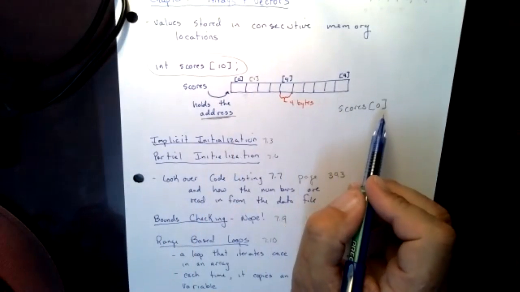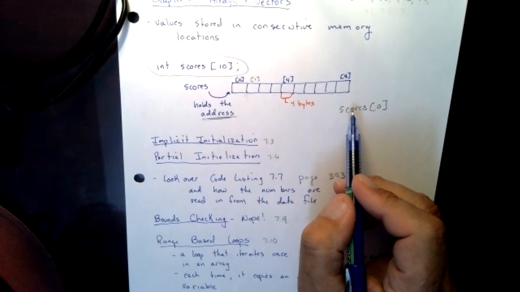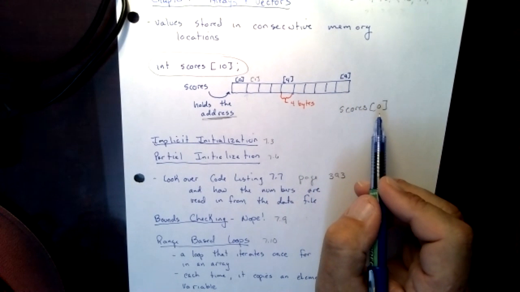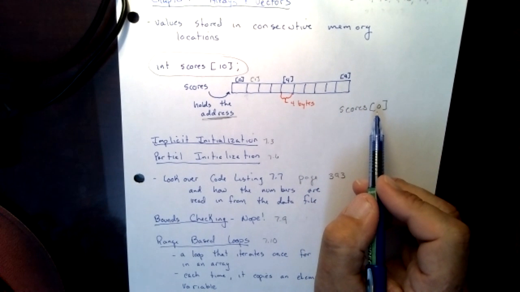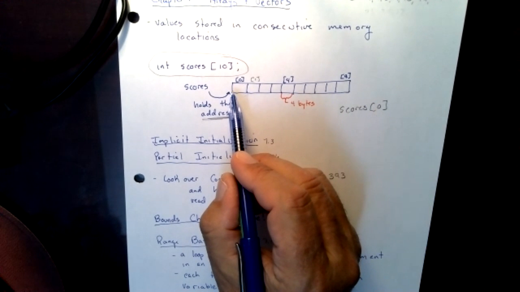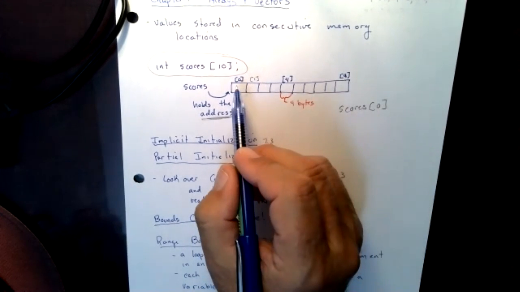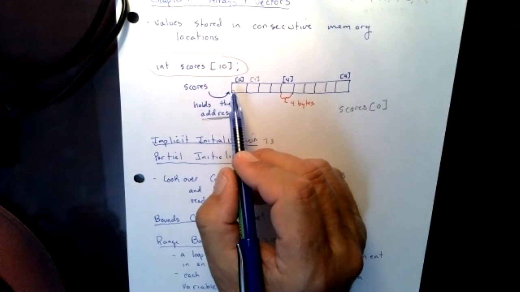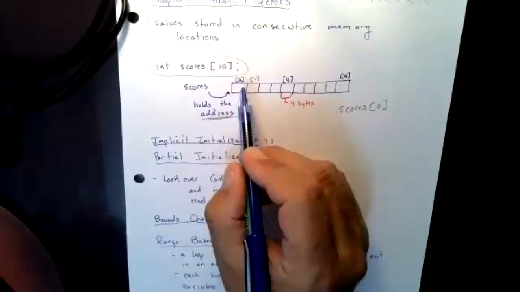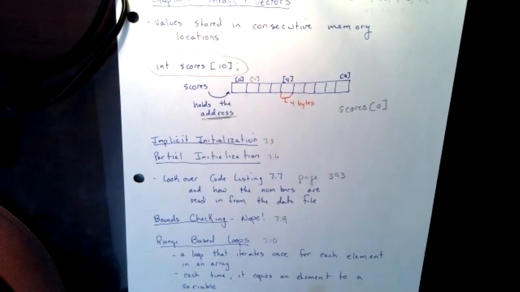When I say scores sub 0, the way to think of this now is I'm going to go to memory location scores and move over 0 times 4 bytes. So it sticks me right at this memory location. If I said scores sub 5, it would move over from the original memory location 5 times 4, it would move over 20 bytes to get to that next location.